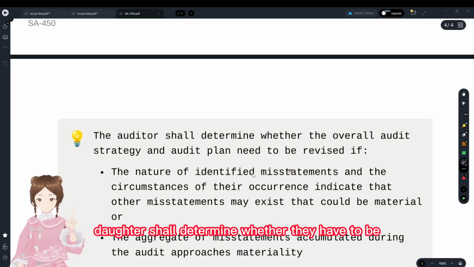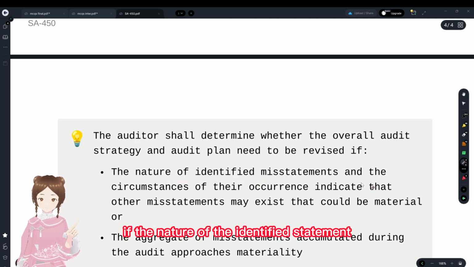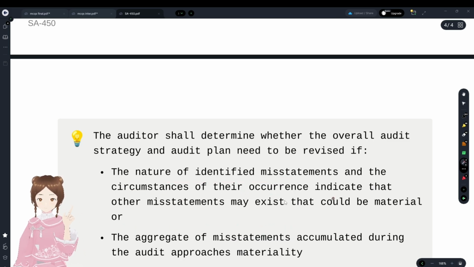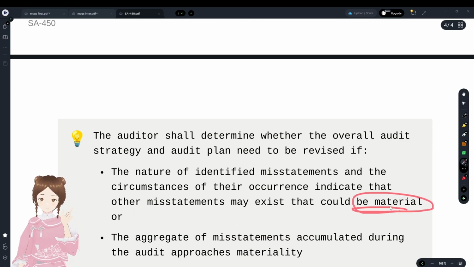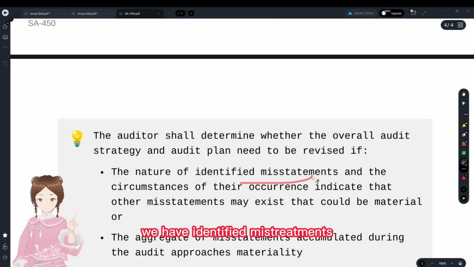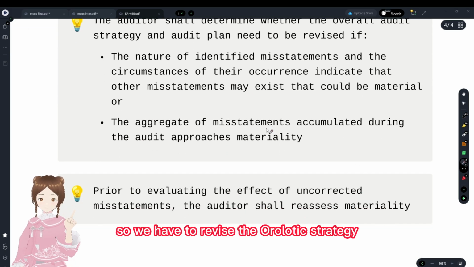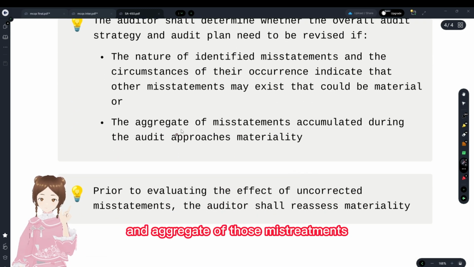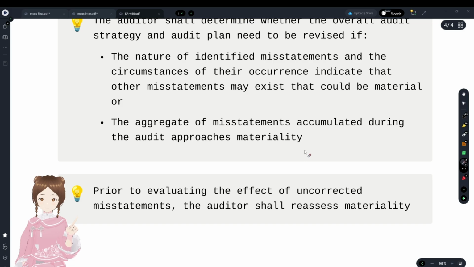The auditor shall determine whether they have to be revised or not if the nature of the identified misstatements and the circumstances of their occurrence indicate that other misstatements may exist that could be material. So we have to revise the overall audit strategy and audit plan, and the aggregate of those misstatements accumulated together could be material.